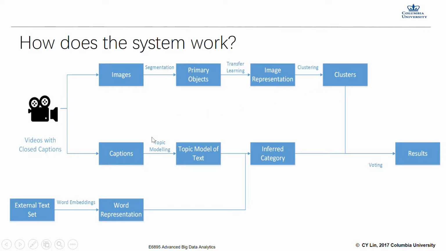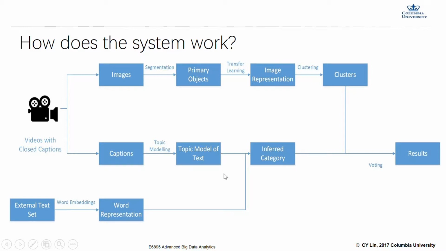And in the caption part, we use a topic model to get a representation of the text. We also use word representation, that is, we use some external text to train a system which can represent our original words as word vectors.